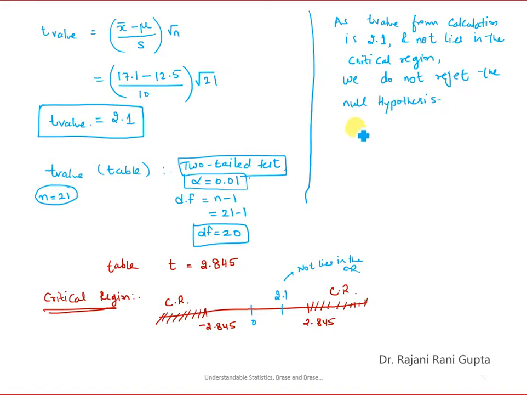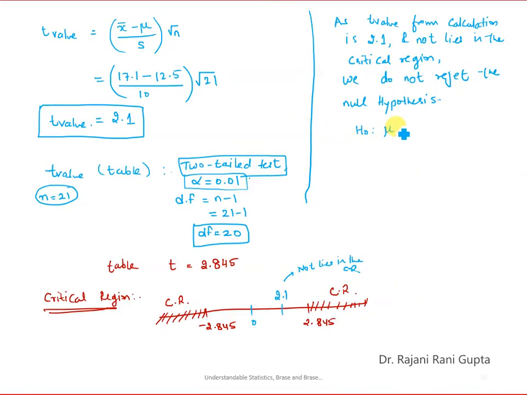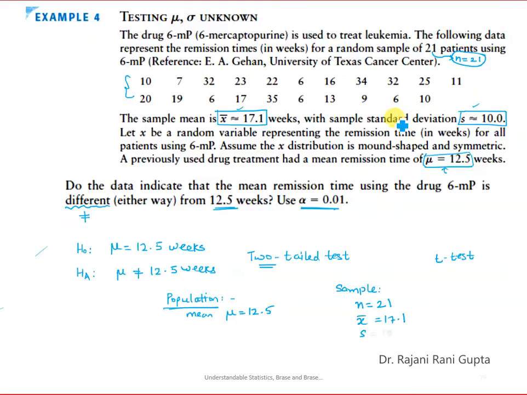So it means H naught, that is mu is 12.5 weeks. It means that the mean remission time using the drug is 12.5 weeks.